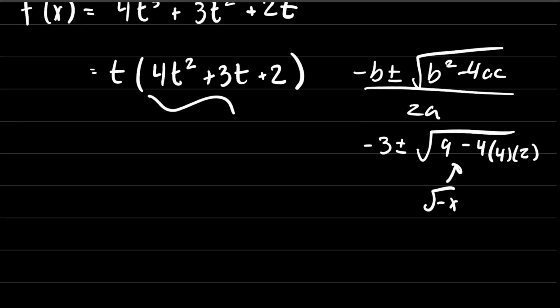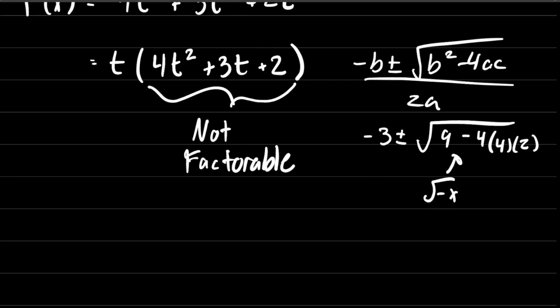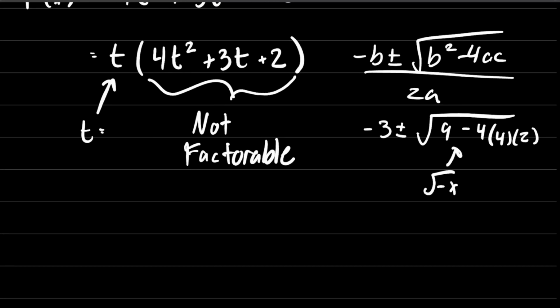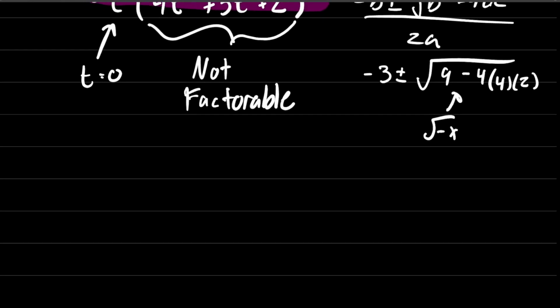This means the quadratic is not factorable, so we can determine our critical points from the t out front. When t is equal to 0, this entire thing will be equal to 0. So our one critical point this time round is t equals 0.